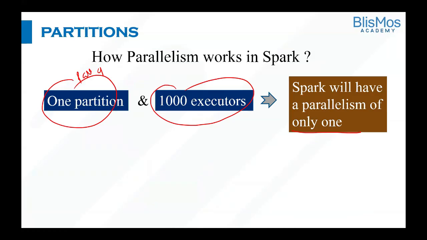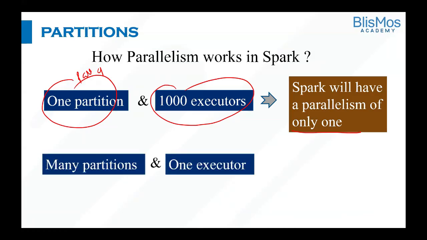Malini, let me ask you a question. When you have many partitions and one executor, how does the parallelism work? What will be the parallelism here? It is the vice versa of the first one. It will be only one, I guess.